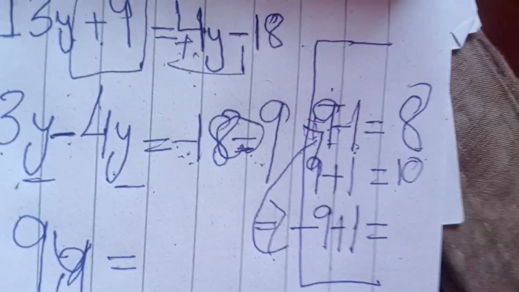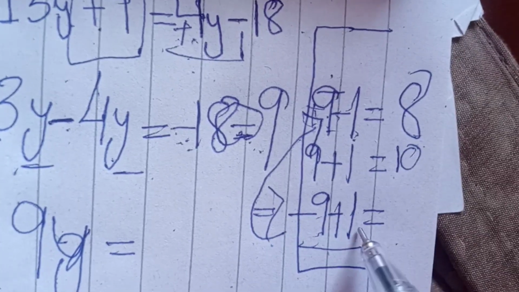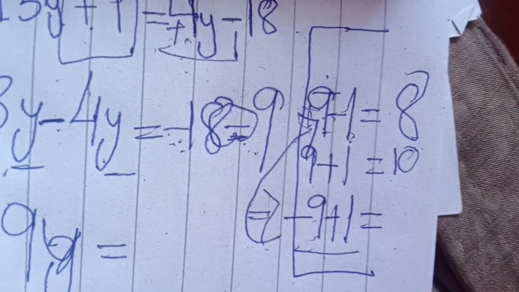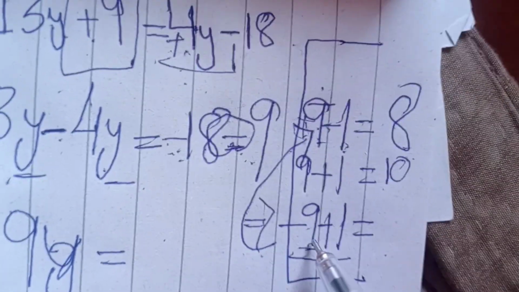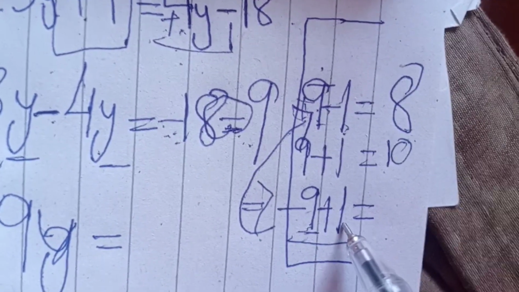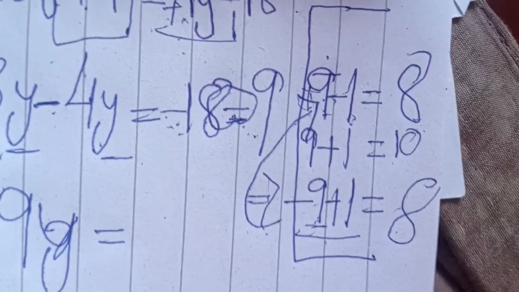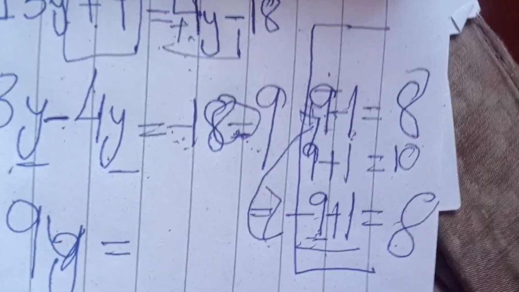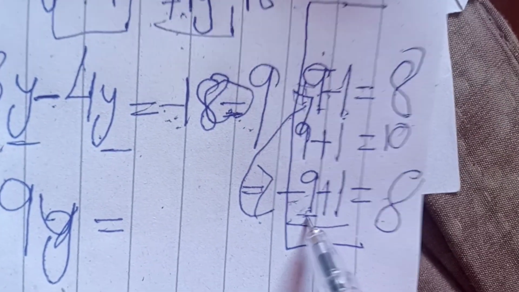Here we do the same. Which is the bigger number of these digits? Absolutely, the digit 9 is greater than 1. So we subtract 1 from 9. What will the answer be? 8. But the main thing here is the minus sign is with the greater number.